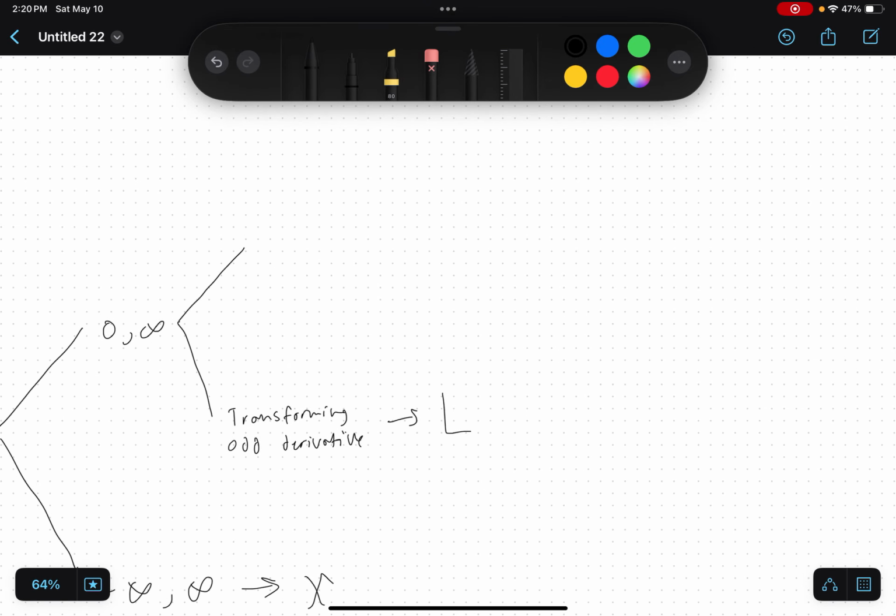If we're transforming an even derivative, then that breaks apart again.